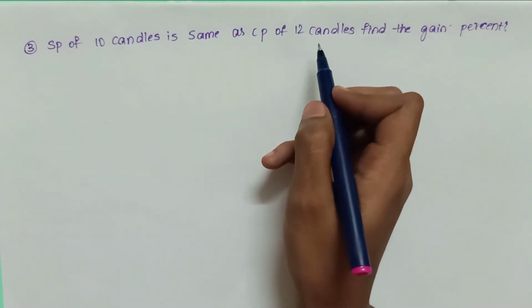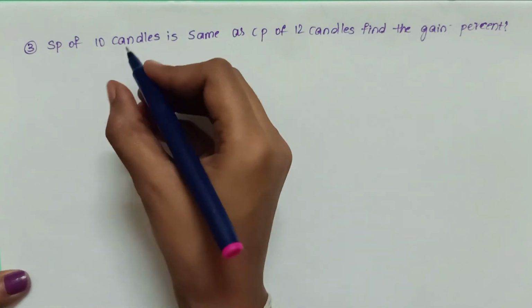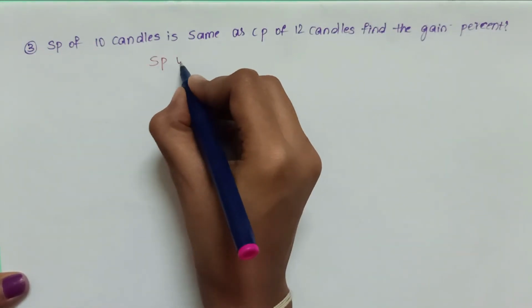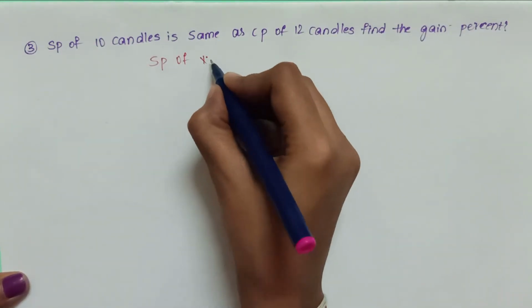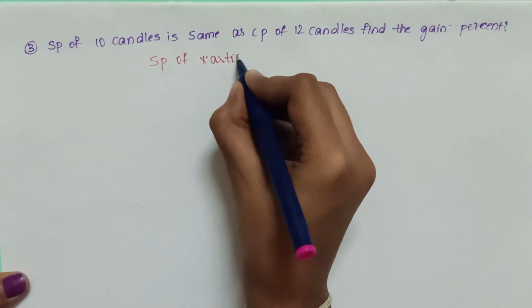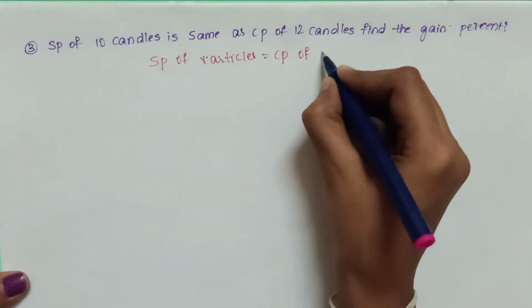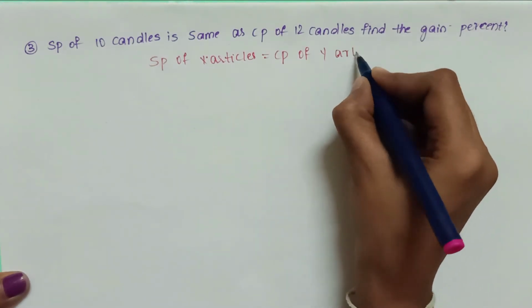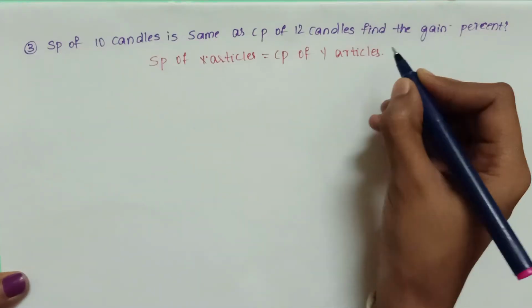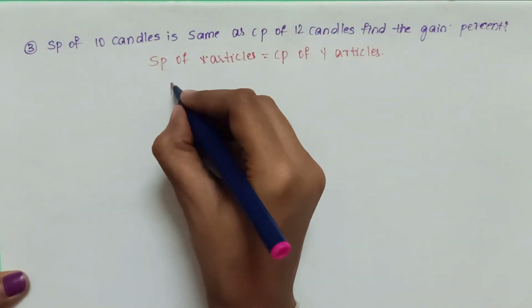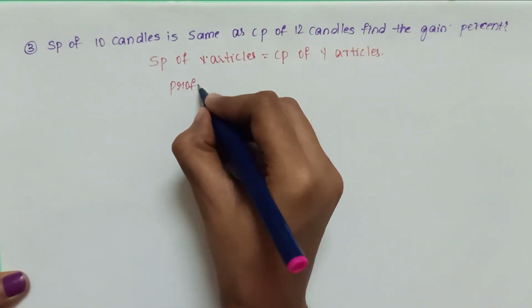Now find the gain percent. Before I said selling price of X articles is equal to cost price of Y articles. Whenever they give it in this form, we should use this formula.